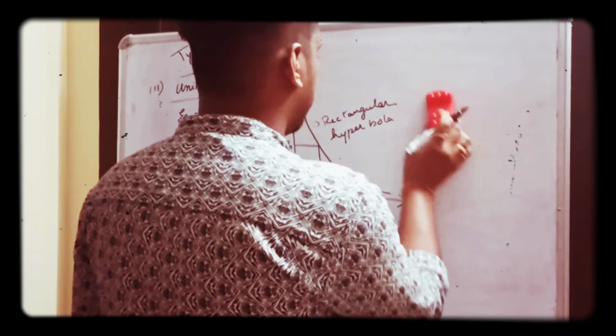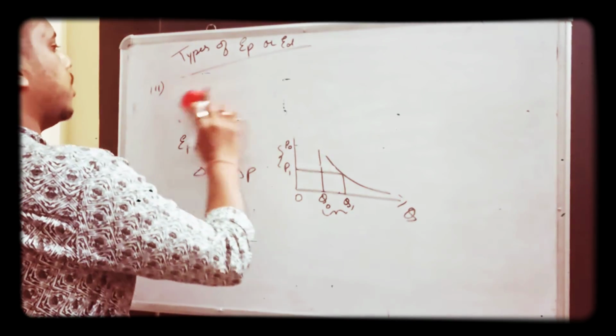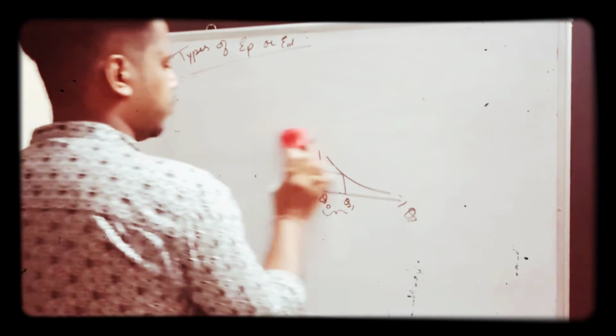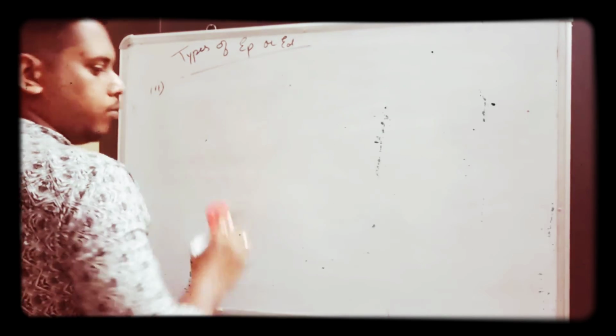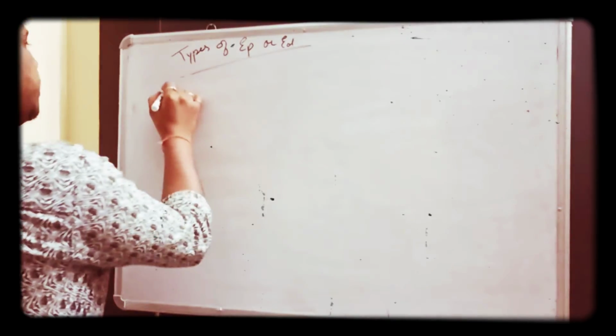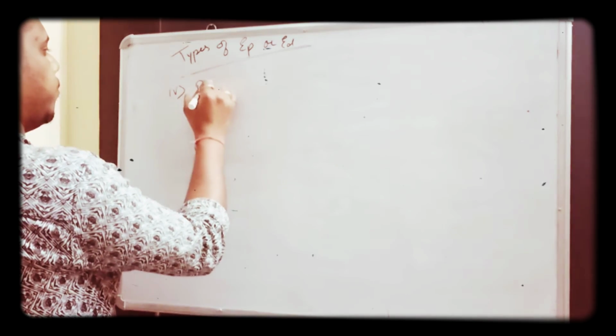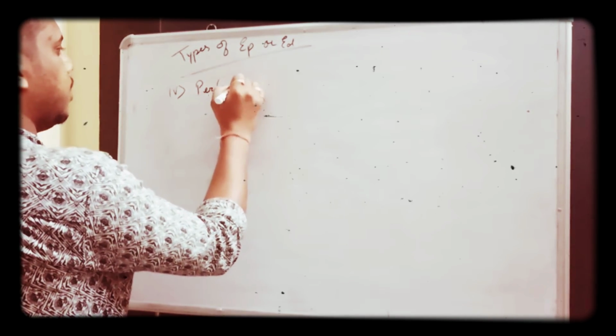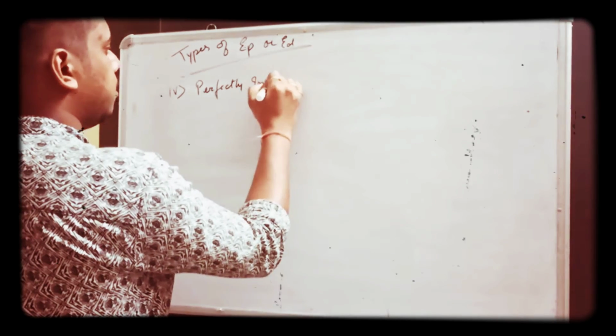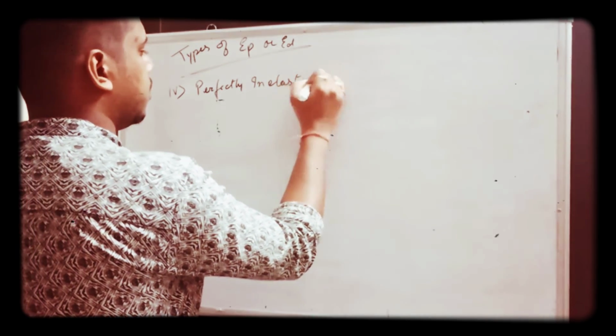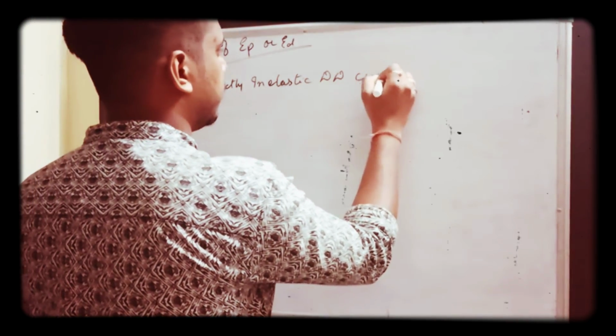So we are done with the three types of price elasticity. We have two more to go. The fourth one is perfectly inelastic demand curve.